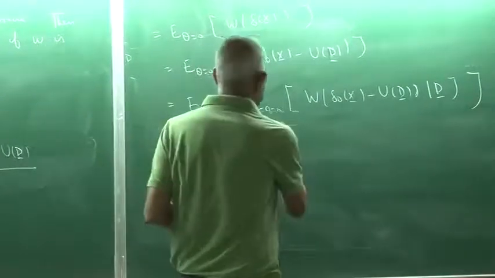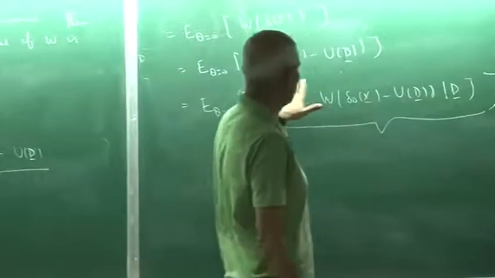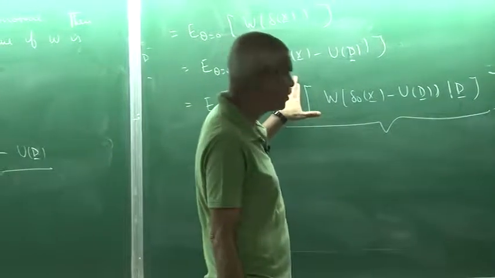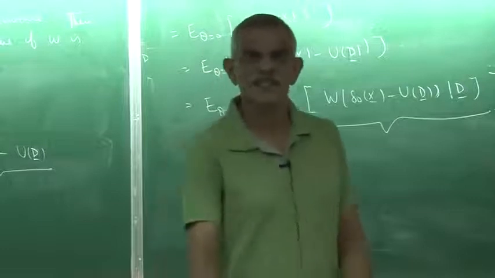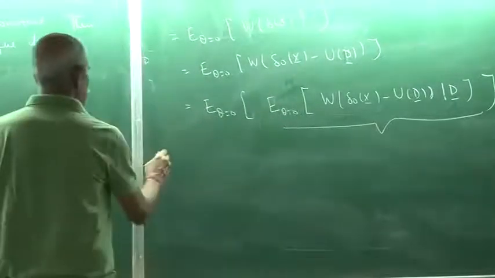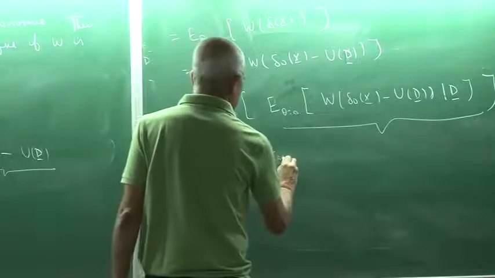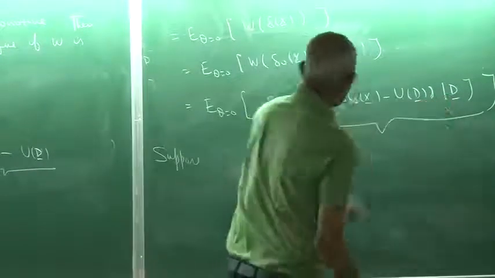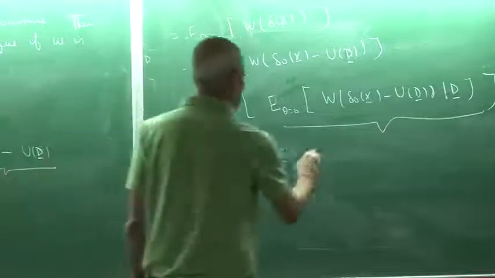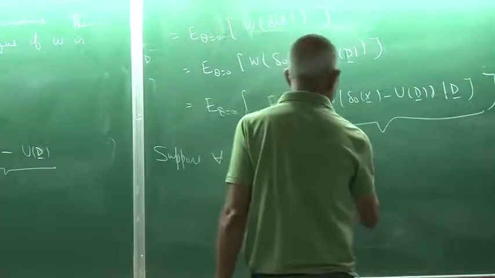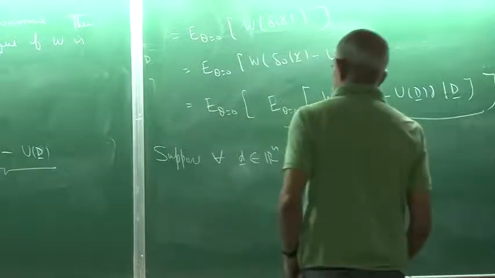Now note that inside the inner expectation, d is fixed. This is the conditional distribution of x given d when theta equal to 0 is the true parameter. Since d is fixed, u of d may be treated as a constant. So suppose that for every fixed value of d, there exists a constant c star, which may depend on d, that minimizes this inner expectation.